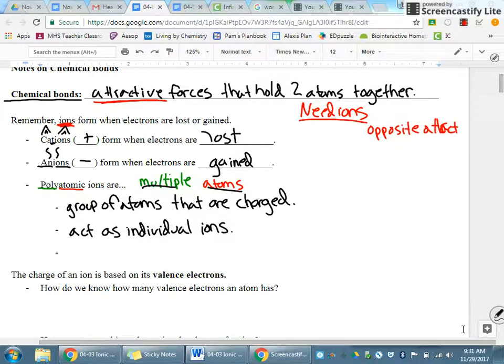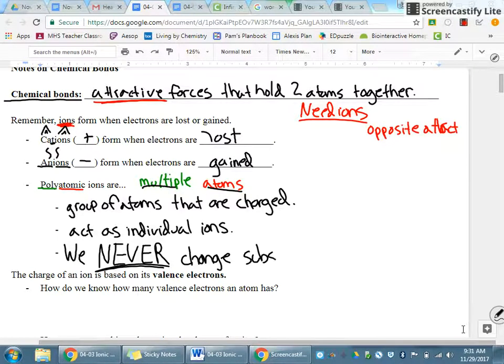And one thing that is really important about polyatomics, even though they're packaged together and there are multiple atoms, is that we never, ever, and just so you know, whenever science uses the word never, we really mean never, change the subscript numbers in a polyatomic ion. We're going to talk about what that means in just a moment. Never, okay? So I would pause the video, make sure you can catch up.